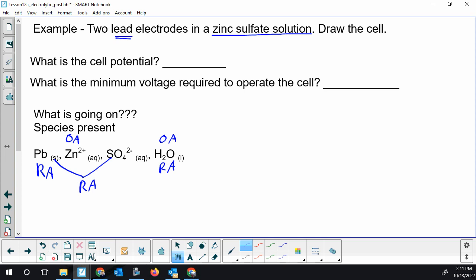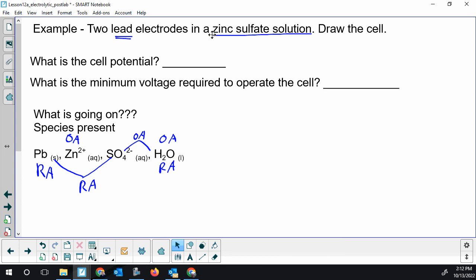We actually have sulfate showing up again. It's a very bad OA, but sulfate and water near the bottom of our OA column. So one reason I'm doing this example is just to highlight some of those lead or lead sulfate pairings you have to watch out for.